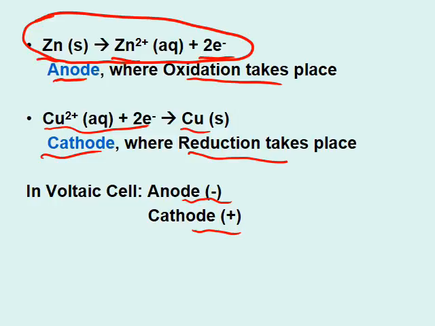At the cathode, reduction takes place, and scientists decided to assign a positive charge when it's a voltaic cell. In an electrolytic cell, which we'll discuss toward the end of this chapter, the sign convention is just the opposite.